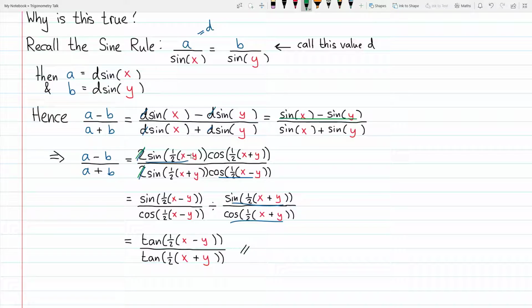What do I mean by this? Well, notice how this is the same as this thing divided by this thing. A little bit of algebra. But this is precisely tan of 1/2 (x minus y). And this is precisely tan of 1/2 (x plus y). And so we get this expression here.